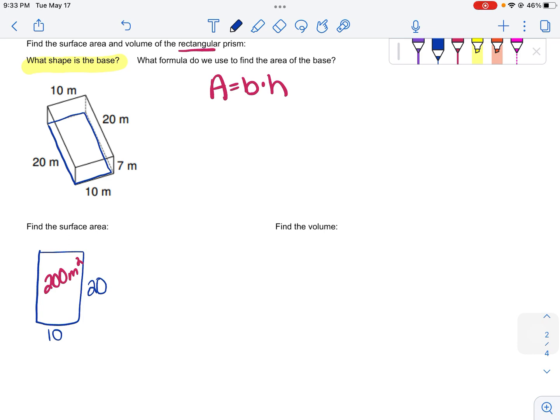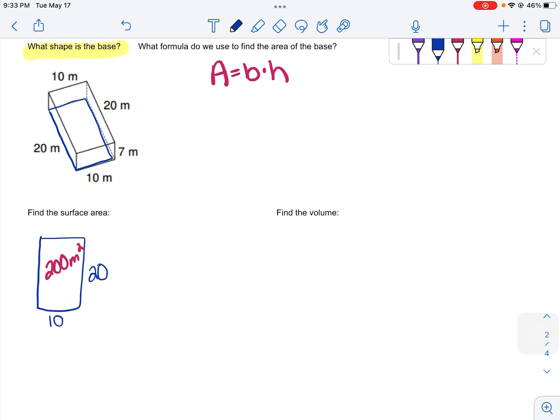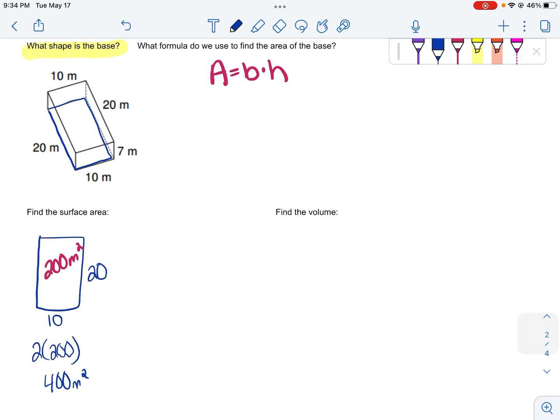Okay, that's the base, and there are 2 of them. We also have a top rectangle right there. Those 2 pieces are going to have a total of 400. So we're going to take 2 times the 200, and we'll get 400 square meters for the top and bottom of that rectangular prism.